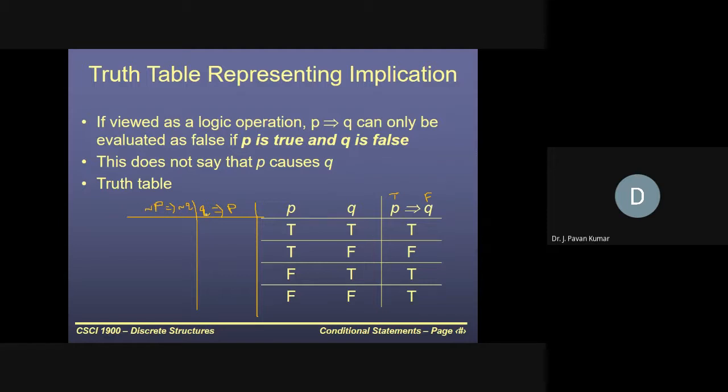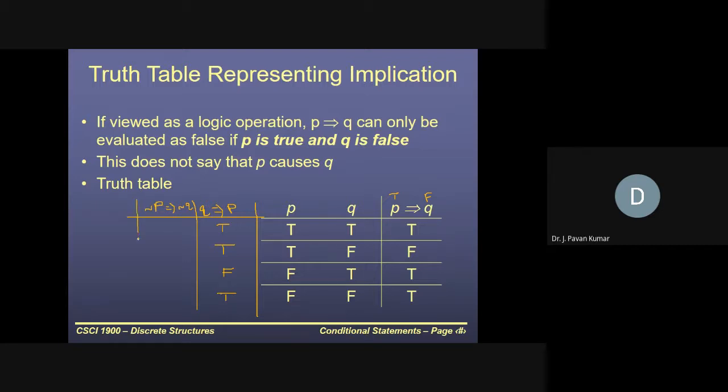In the same way, the first statement is Q, and P should be false, then only the result is false. So true, true gives true. False, true gives true. Then true, false gives false. False, false will be true.